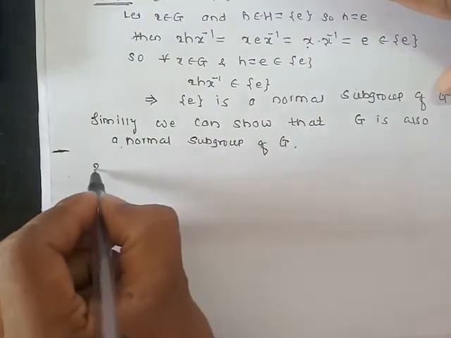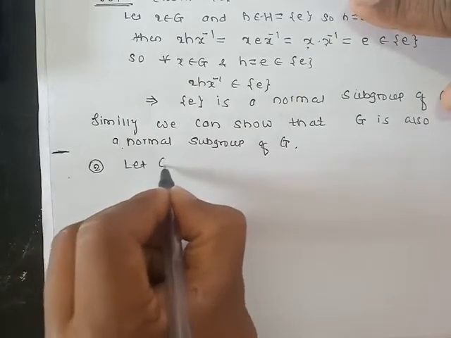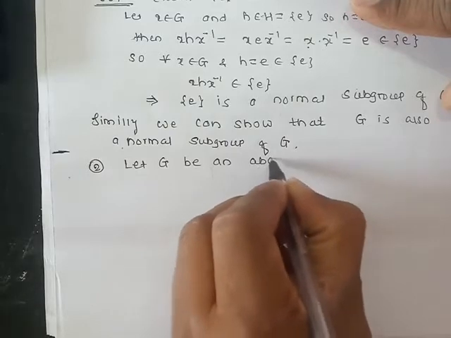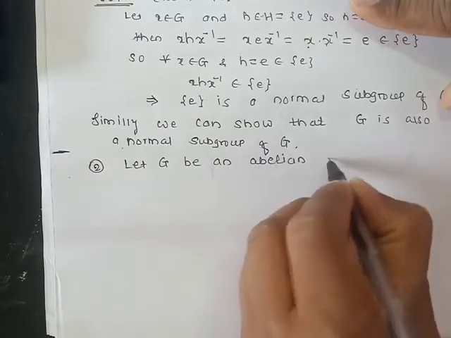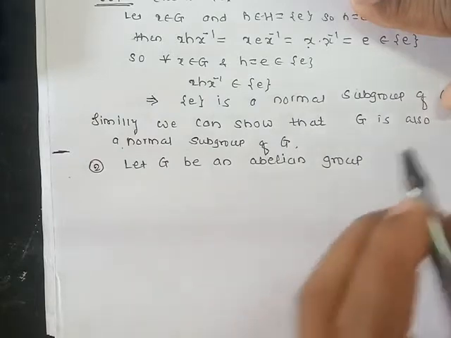Next example: let G be an abelian group.